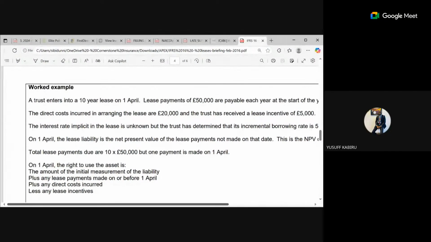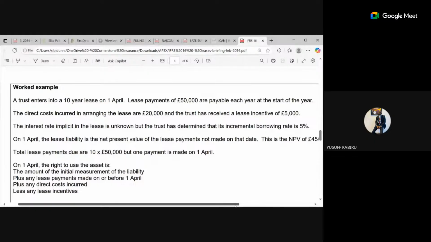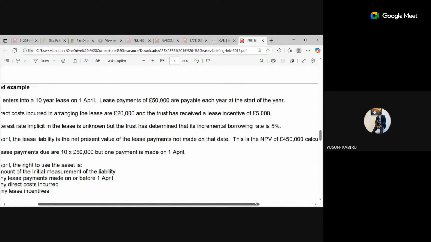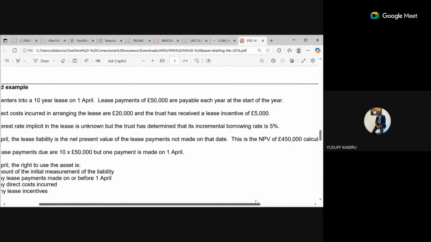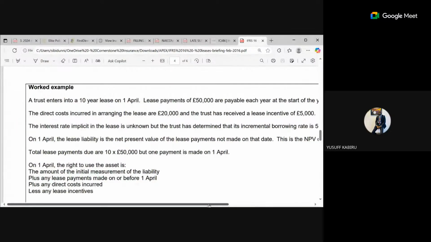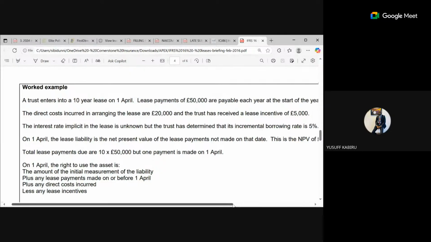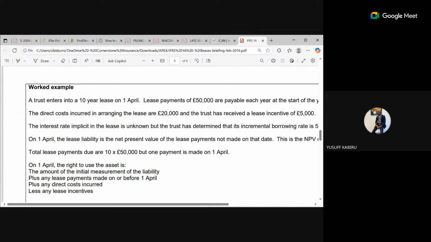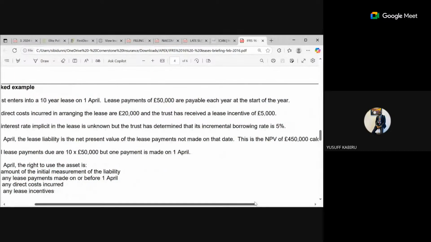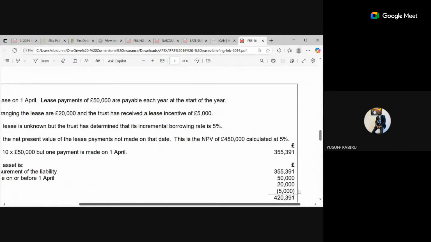The direct costs incurred in arranging the lease are 20,000 pounds, and the trust has received a lease incentive of 5,000. The interest rate implicit in the lease is not known, but the trust has determined that its incremental borrowing rate is 5%. On 1 April, the lease liability is the net present value of the lease payments not made on that date. This is the NPV of 450,000 calculated at 5%.